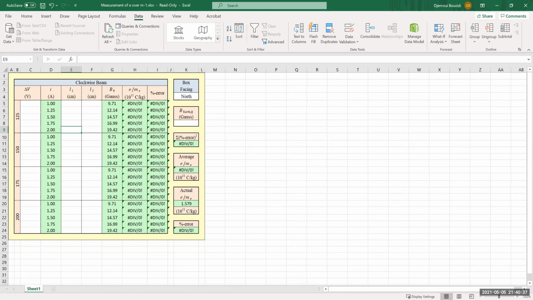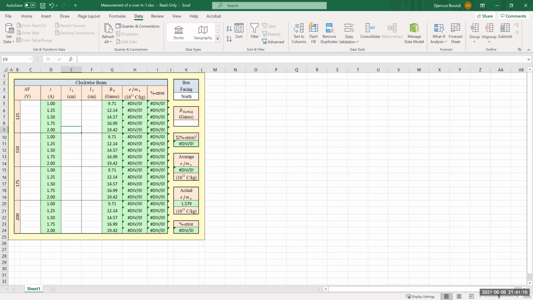Okay, so we're supposed to go to options. What are the options on this version of Excel? Options. Okay. And we're supposed to go to add-ins, and find the solver under add-ins.